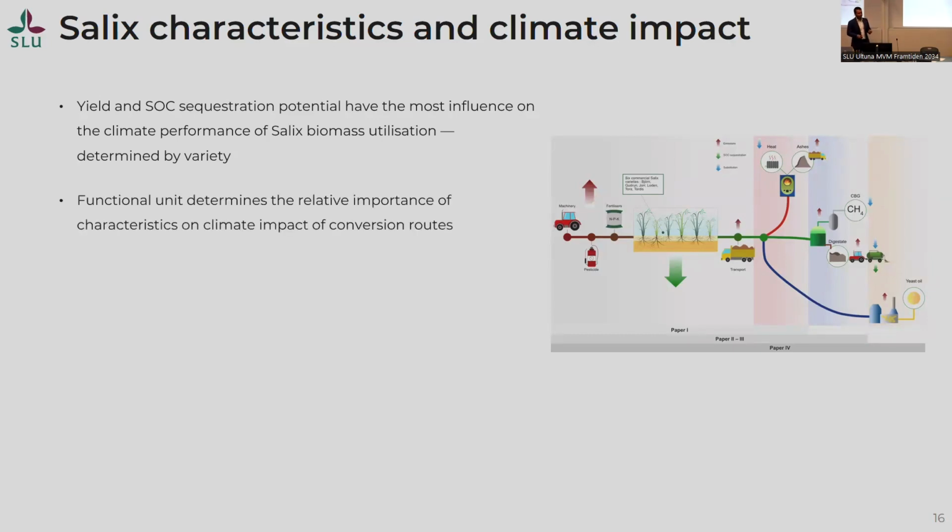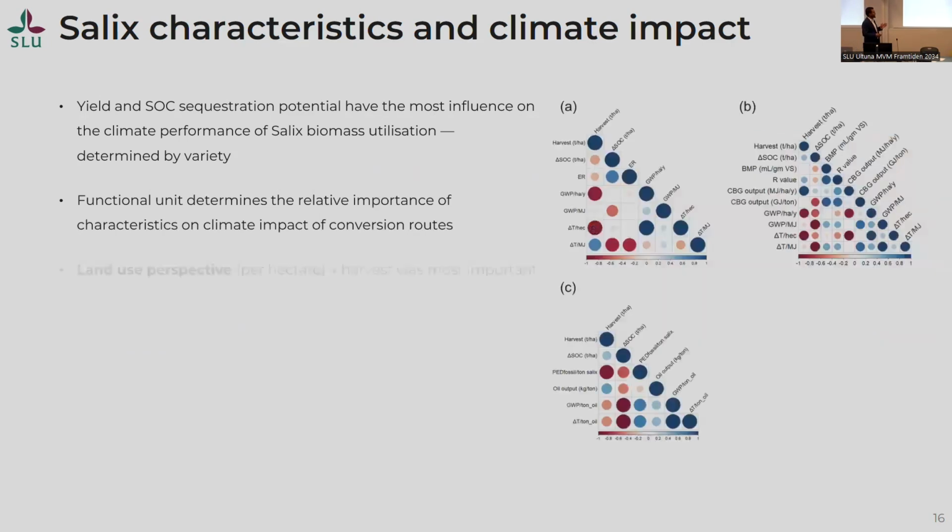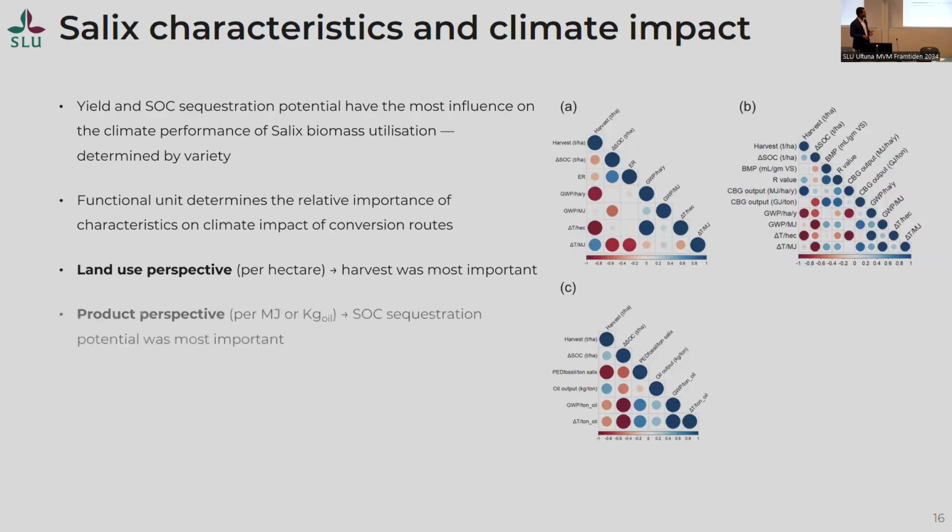And the functional unit that we choose to compare these different varieties determines the relative importance of the characteristics on the climate impact. So if we try to draw a correlation between the different aspects of the system, we see that from a land use perspective, from a per hectare perspective, harvest level was the determining factor for the climate impact. But from a product perspective, so if we look at per megajoule of energy or kilogram of oil, the soil carbon sequestration effect was really the aspect that determined the climate impact of the different varieties.